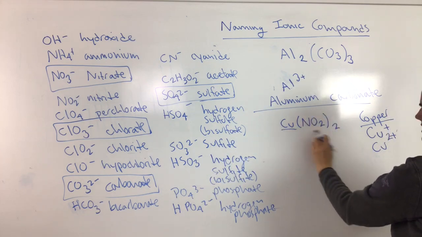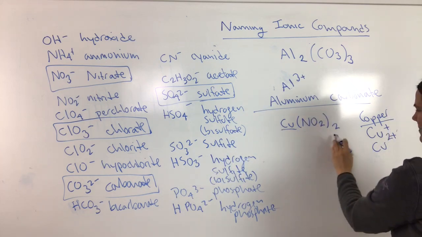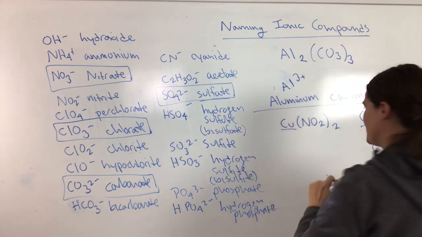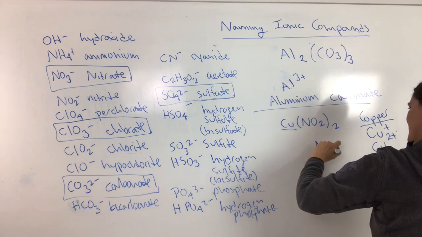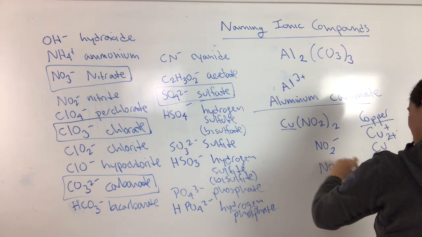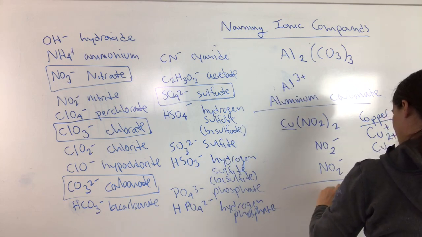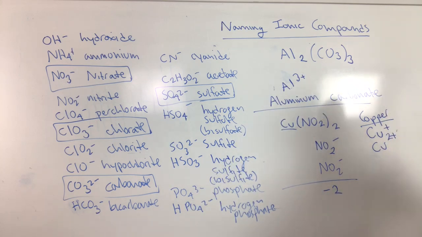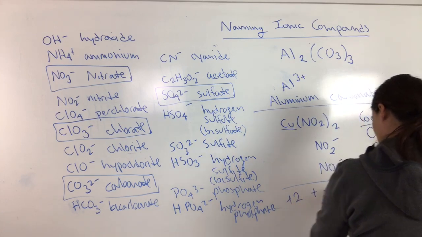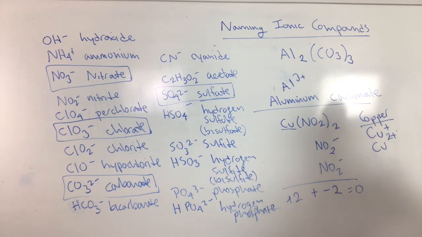So this is showing the nitrite ion in parentheses with a 2 here. So this is saying that we have 2 of these ions. So we have NO2- and NO2-. So we have a -2 charge here. We know that we need a +2 charge for this to equal 0.